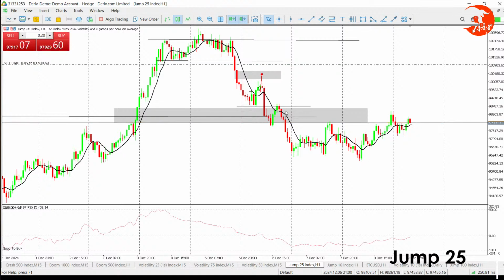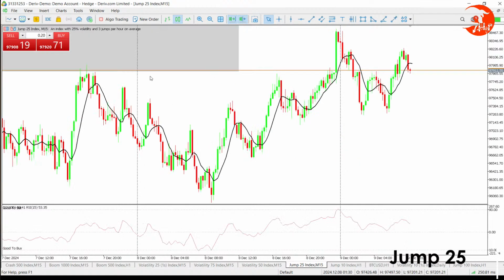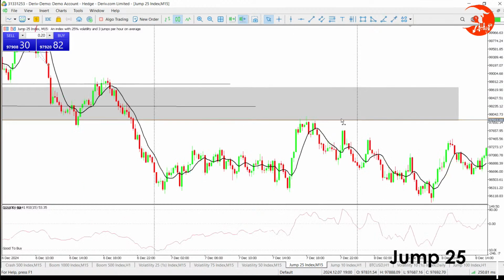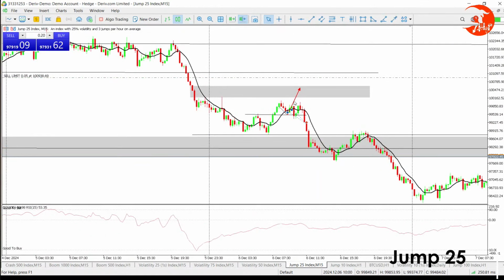Jump 25, let's see, did we make money? Yeah, no, it took me out there. I hesitated to close, so it took me out. And then look at what happened later. I missed taking that short money there.